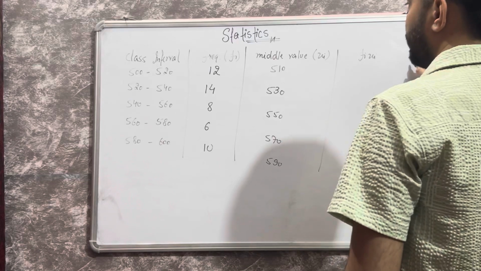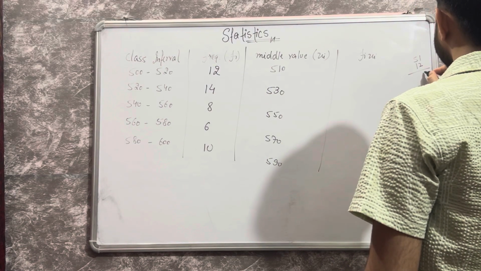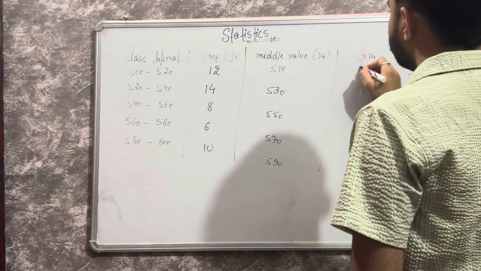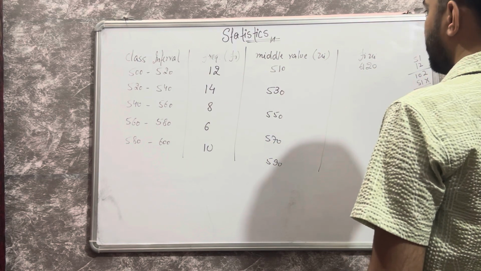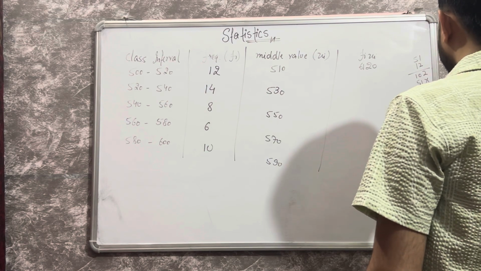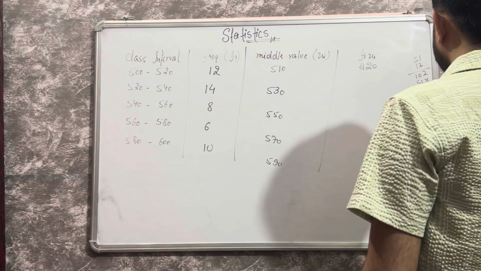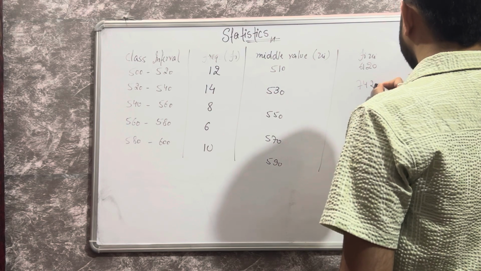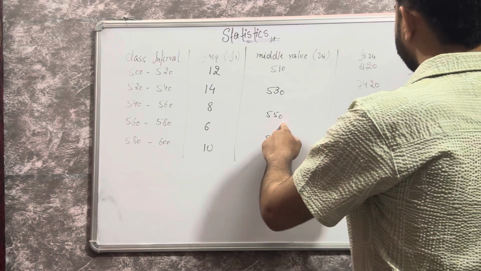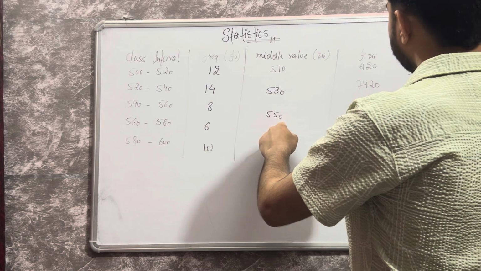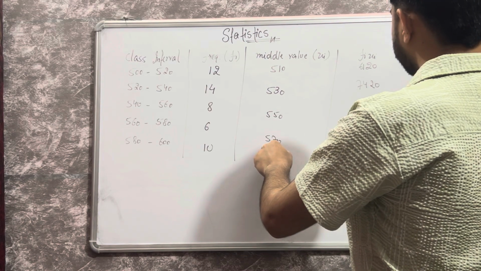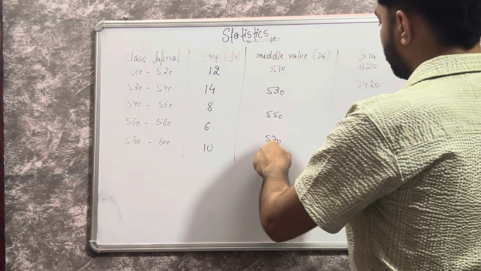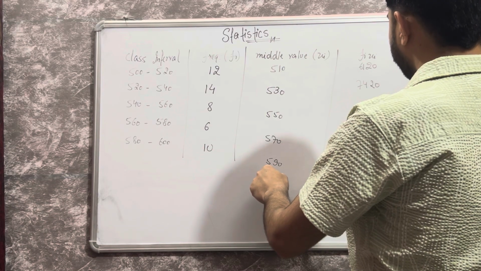So the answer will be 510 into 12, which is 6120. Then 530 into 14 is 7420. Multiplying the next values, we get 4400, then 3420 for 570 into 6, and after multiplying the last one you will get 5900. Any doubt?